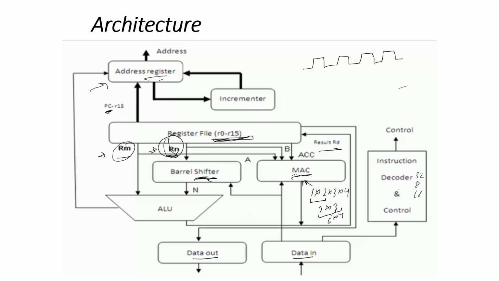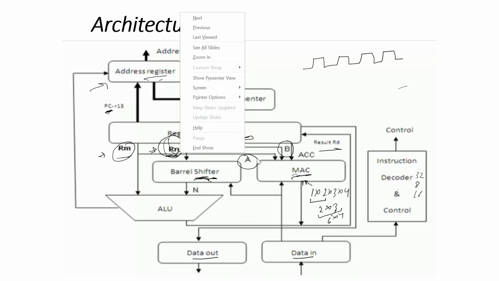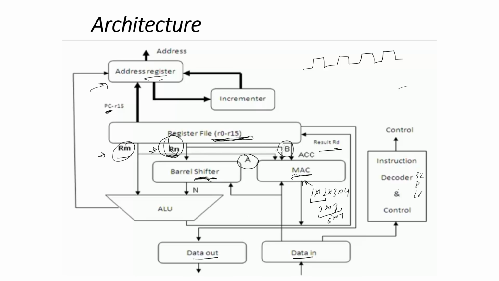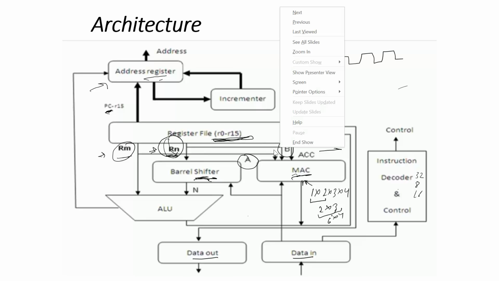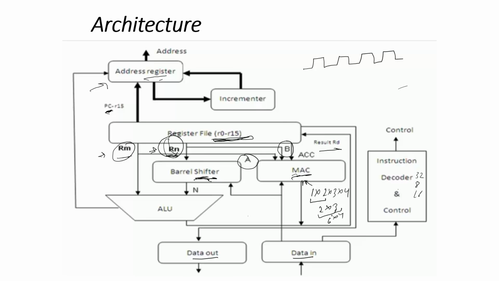A and B are the two buses that help in reading the source operands. The RM and RN values will be fetched from the buses A and B, and computation will be carried out in the ALU or the MAC, that is the multiplication and accumulation unit.